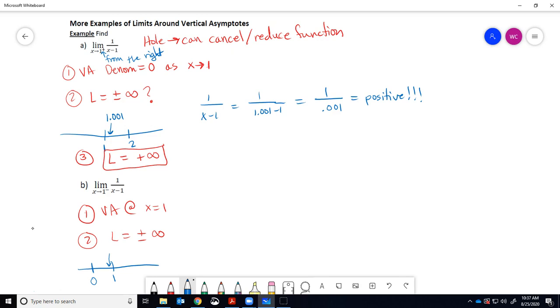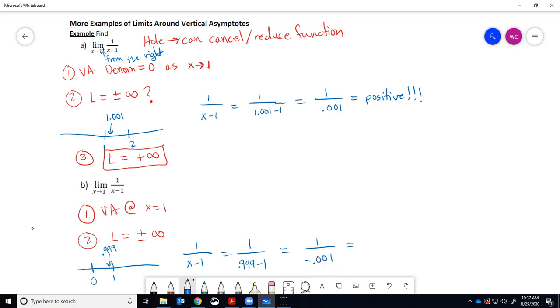Now, this is where you've got to be careful. A lot of students put 1.001. It's not true. It's 0.999. So if I put 0.999 into my function, what values are we approaching? So 1 over, let's see, if we subtract those, we end up with negative 0.001.